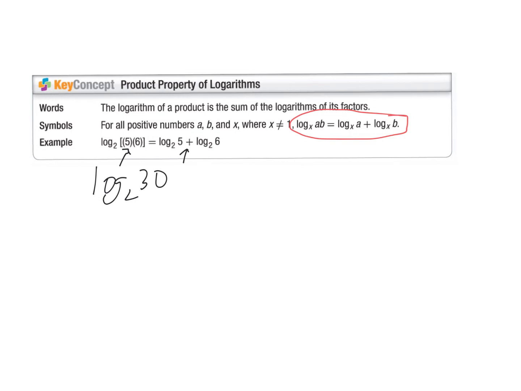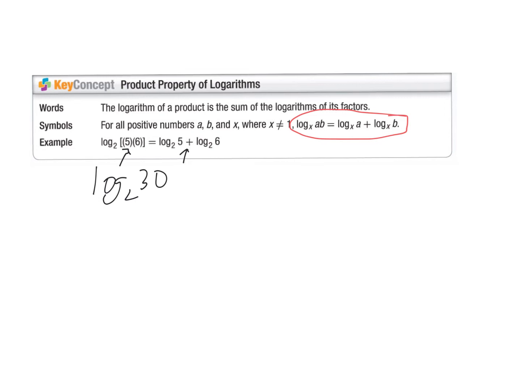So when I have factors that are being multiplied together, you can separate them using addition. Because again, they're just powers. If I add the powers together, that's what's going on here. That's the relationship between the product property of logarithms and multiplying exponents.